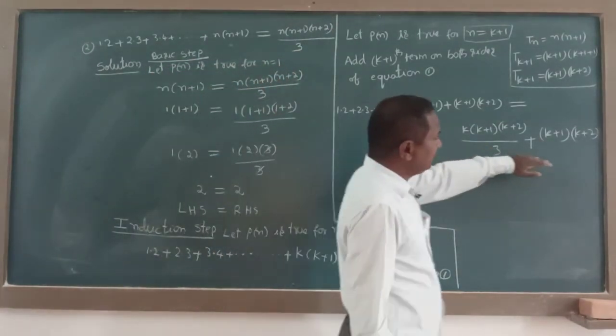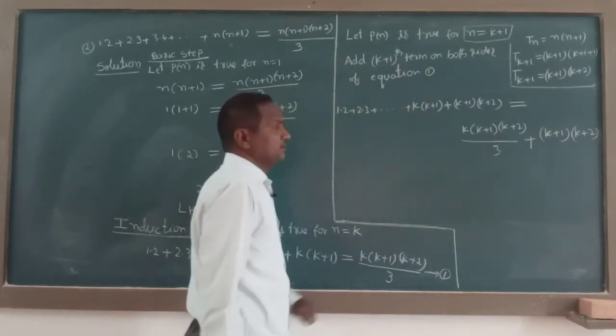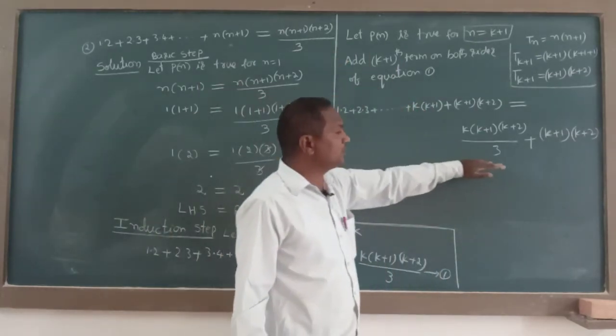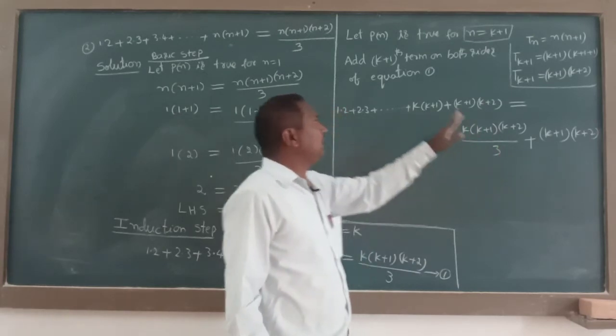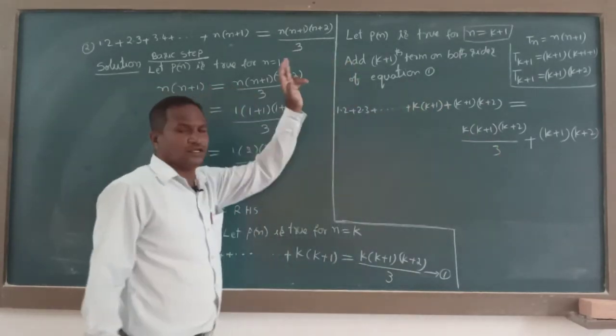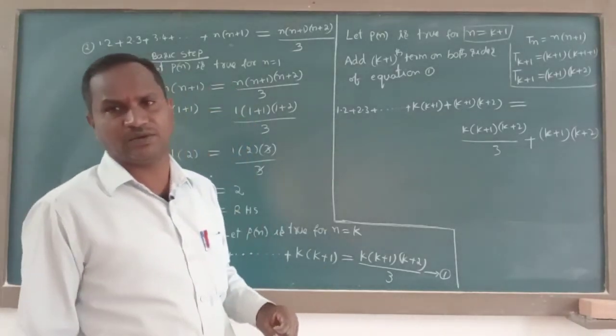Now give the solution to the right hand side; finally we should get the answer n into n plus 1 into n plus 2, whole divided by 3.